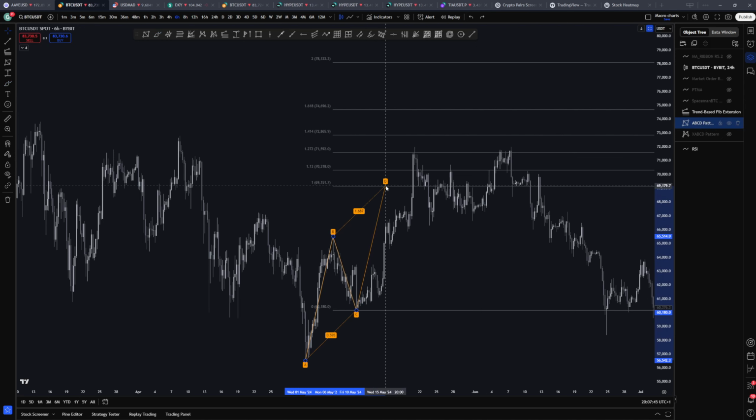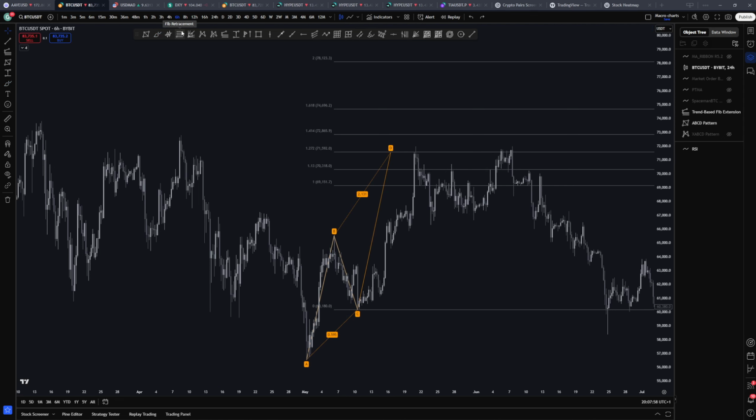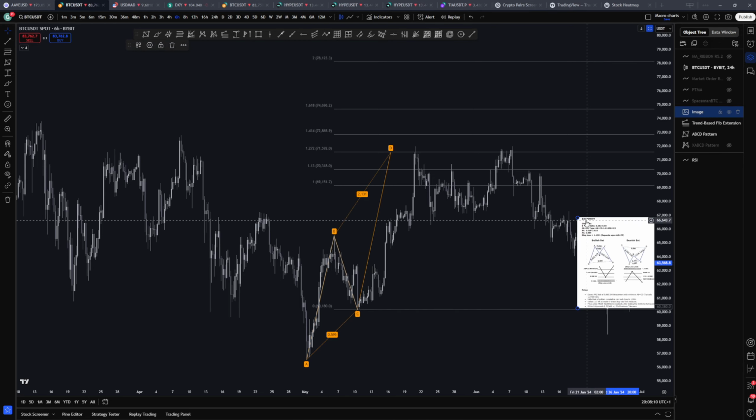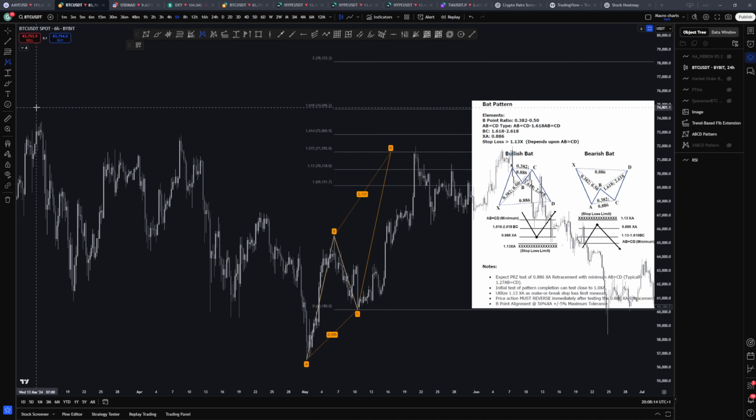So, how do you know which one is going to react? First of all, what we call this is an alternate ABCD, just an alternative version. So we put alternate before it. How we know if it's going to react is by aligning it with the actual 5-leg harmonics. So, in this case, we are looking at a bat harmonic. I will get into why and how and so on after this. We're looking at a bat harmonic right over here. Wait, let me remove the ABCD actually.